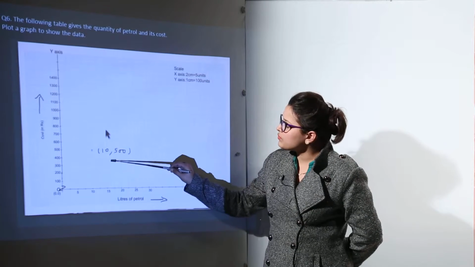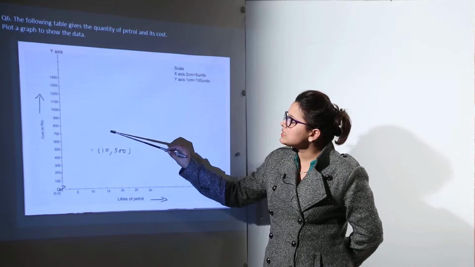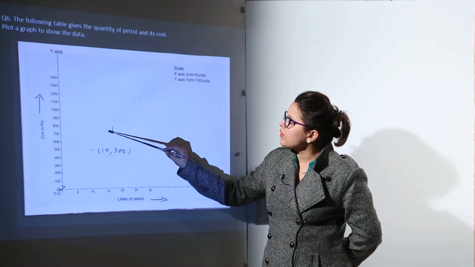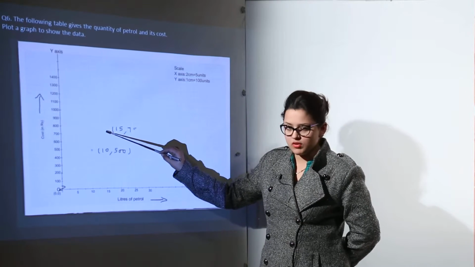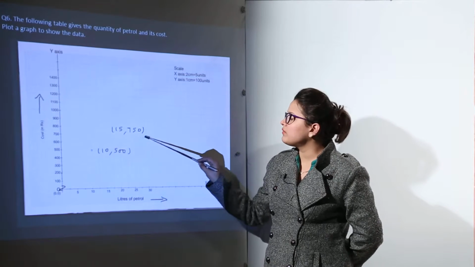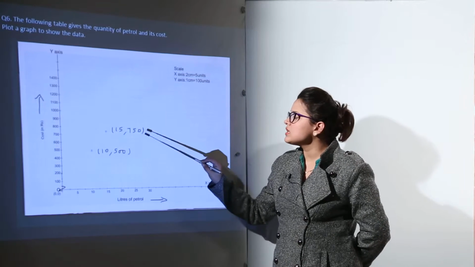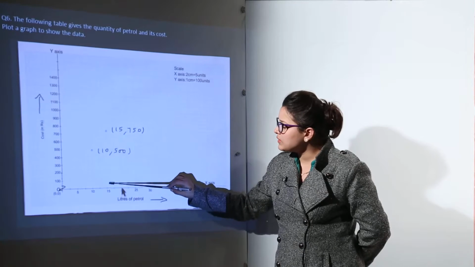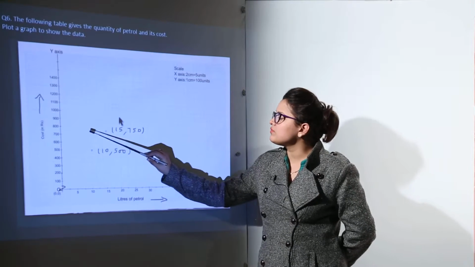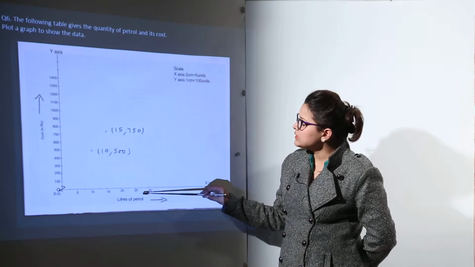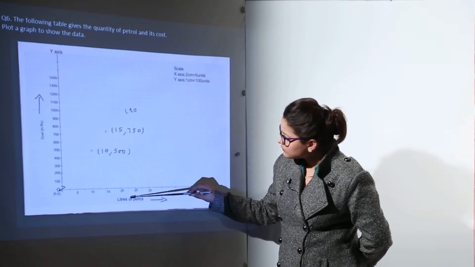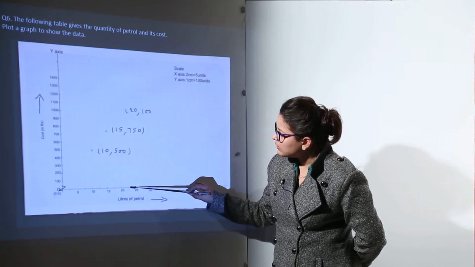What was the cost of 15 liters? It was 750. So we mark a point exactly in between 700 and 800, that is 750. The point will have coordinates 15, 750 because it is 15 from the x-axis and 750 from the y-axis. Next we have the third point that will be your 20 liters.